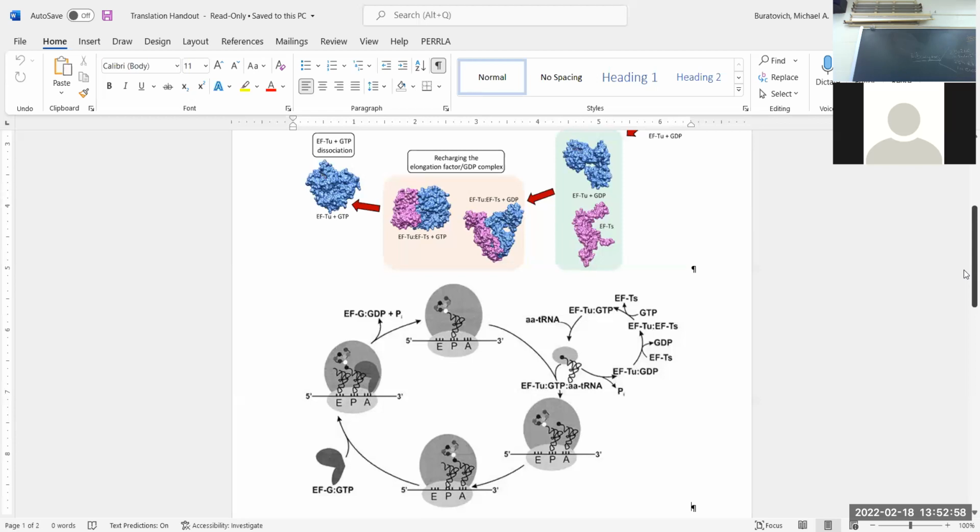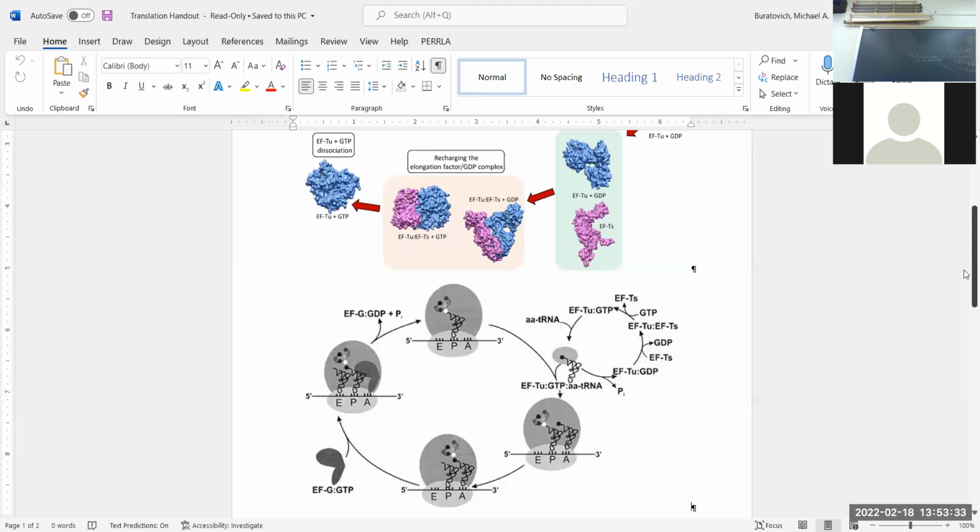EF1 alpha is a GTP binding protein that brings charged tRNAs to the ribosome. And then the translocase in eukaryotes is just called EF2. So the mechanism is the same, the players just have slightly different names. EFTU and EF1 alpha, and EFG and EF2, are analogous proteins.